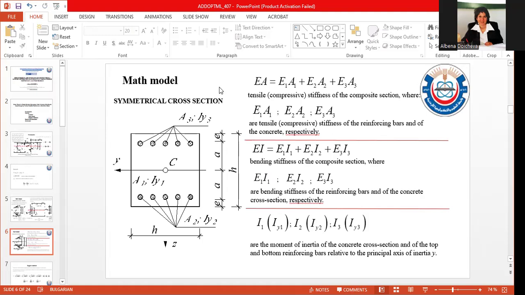For the tensile-compressive stiffness of the composite beam, we use the tensile and compressive stiffness of the reinforcement bars and the concrete. About bending stiffness, we can say the same. The bending stiffness of the composite section is made from the bending stiffness of the reinforcement bars and of the concrete cross section.